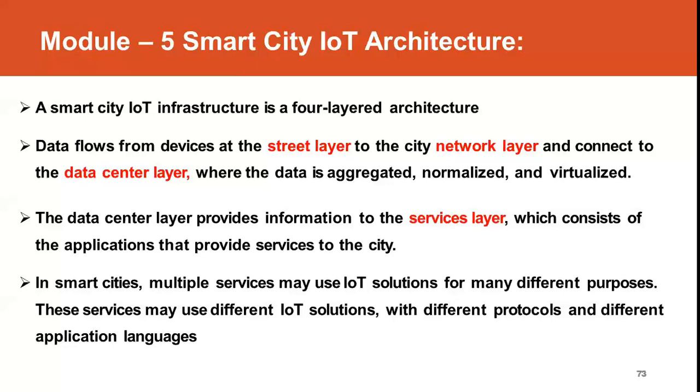In smart cities, multiple services may use the IoT solutions for any purpose. These services may use different IoT solutions, different protocols, and even different application languages to support any kind of application in the service layer.